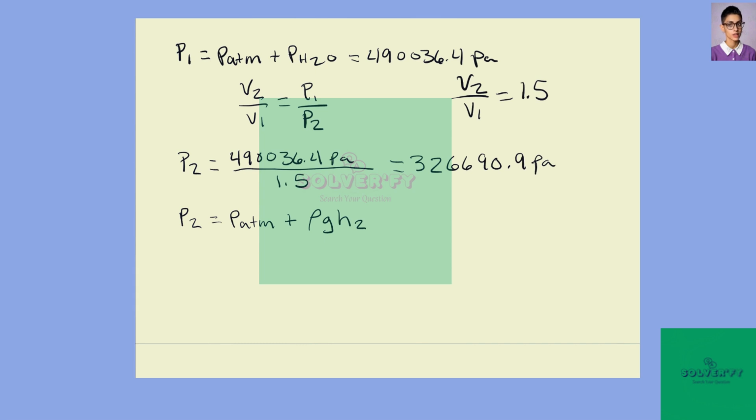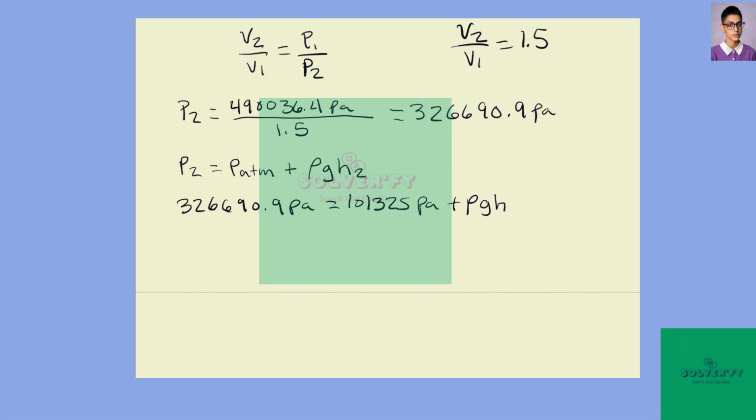So P2, that's 32,660.9 pascals, is equal to 101,325 pascals plus ρgh. So density, gravity, and height 2 is equal to 225,365.9 pascals.